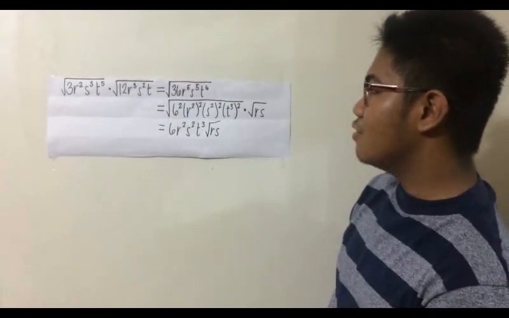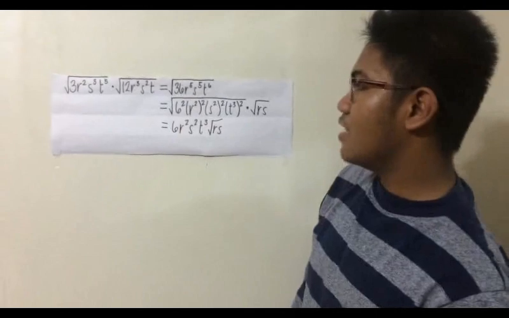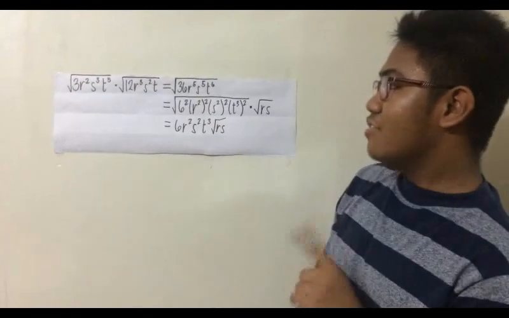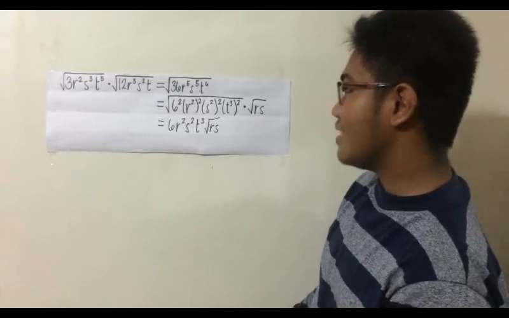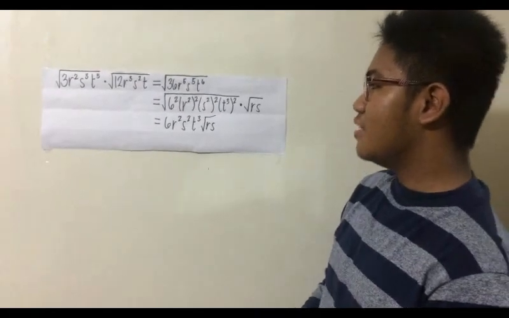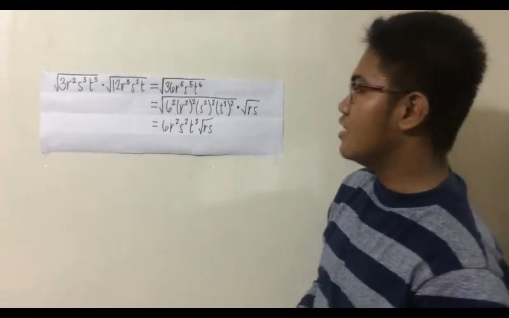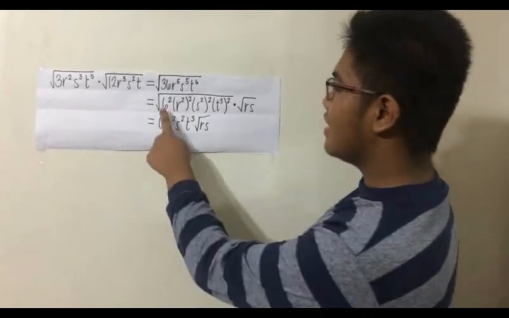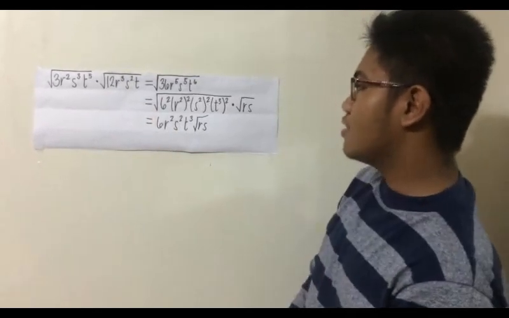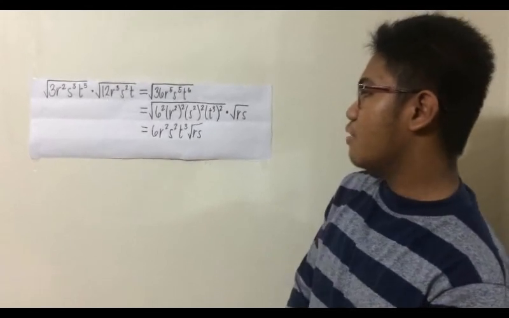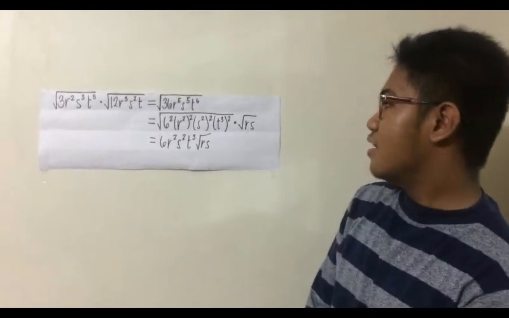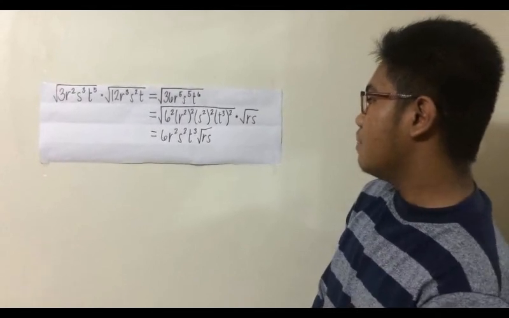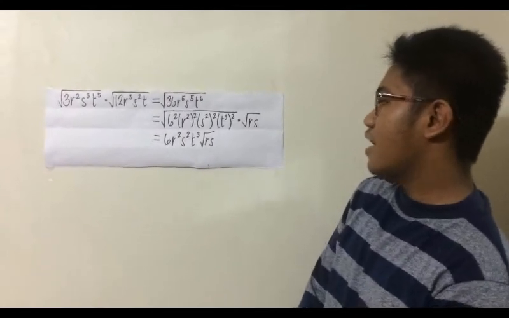In order to get this resulting exponent, you need to add the exponents of the same variable. Since we need to get the square root, we need to simplify it. So the square root of 36 is 6, then r squared raised to the 2nd power, s squared raised to the 2nd power, and t cubed raised to the 2nd power, multiplied by the square root of rs.